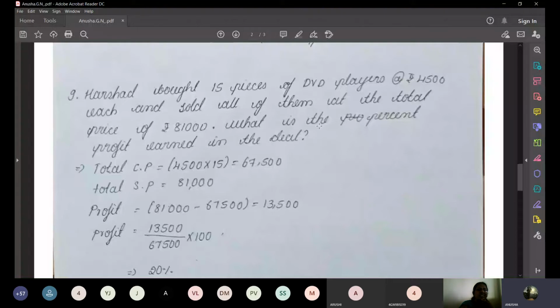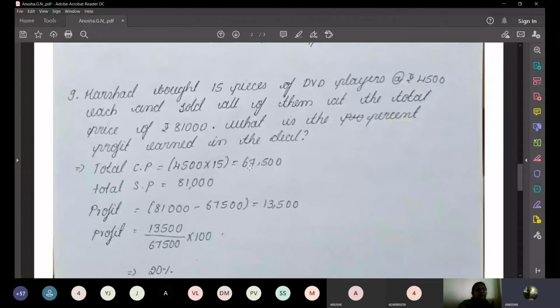Here they gave each DVD price, 4,500 is the price of one DVD, but he bought 15 pieces, so we need to calculate the total amount he invested. So we need to multiply 4,500 into 15, and we get the total price he invested, that is 67,500.